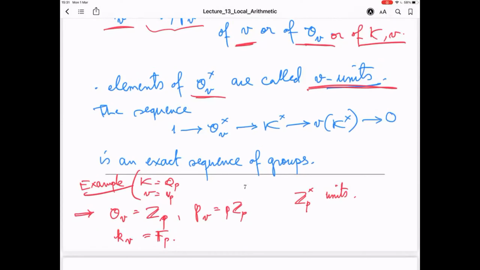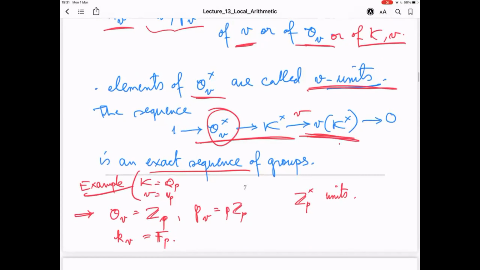This is easy to verify. So more or less by definition, this sequence is exact. K star to VK star, it's a homomorphism. It's surjective by definition because we are just taking the image of K star under V, and we have shown that the kernel of this map V here is actually OV star. Kernel of V is OV star, right?